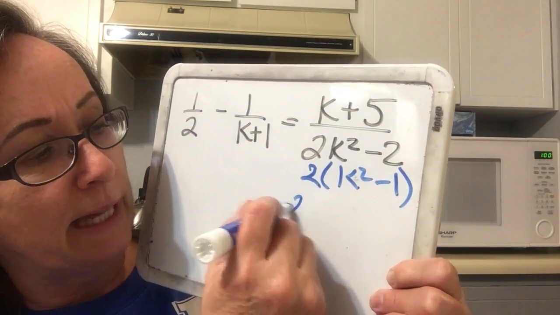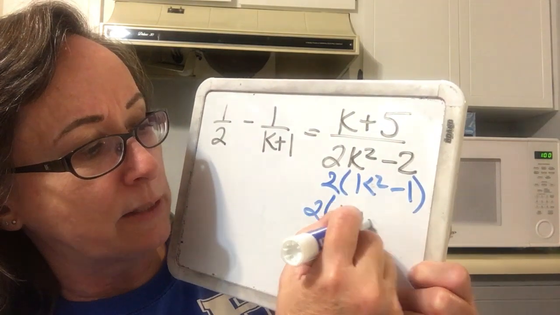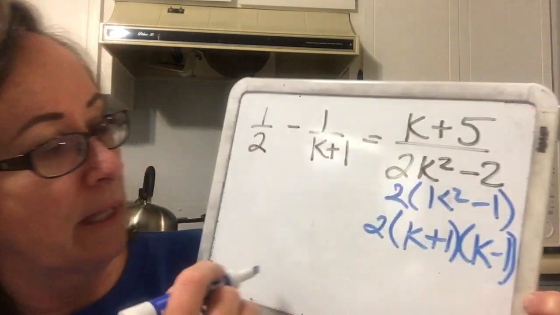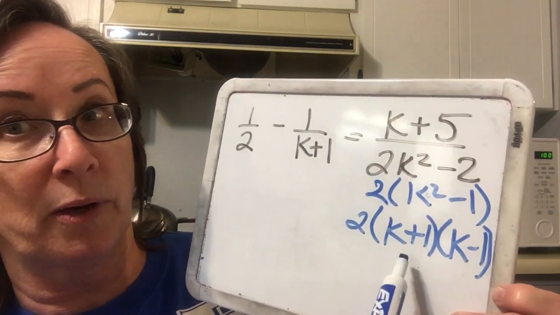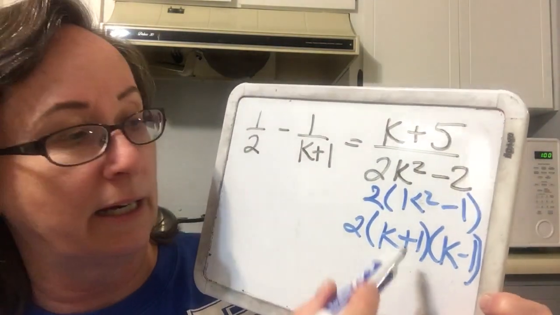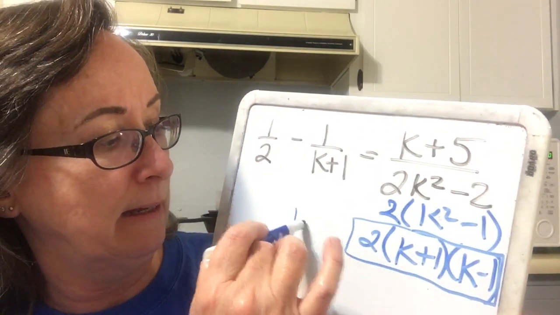If I factor the k squared minus 1, difference of two squares, I get a k plus 1, k minus 1. Okay, so now notice this denominator is already present in here, and this denominator is already present in here. So this right here is my LCD.